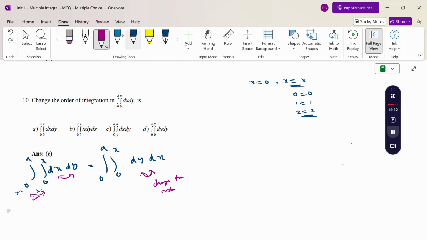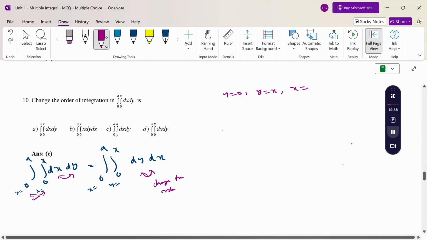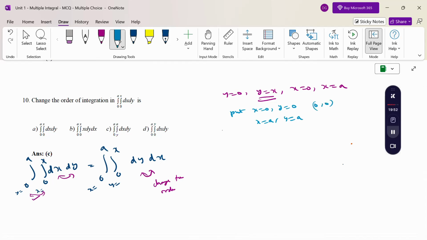See here what is given: y from 0, x from 0 to a. Now consider the lines y equal to 0, y equal to x, x equal to 0, x equal to a. This is a line equation. Therefore put x equal to 0, y equal to 0; x equal to a, y equal to a. The coordinate points are 0 comma 0 and a comma a.